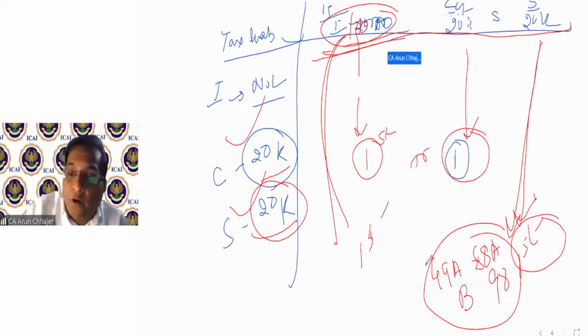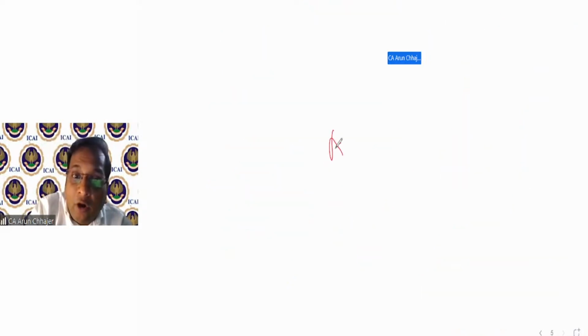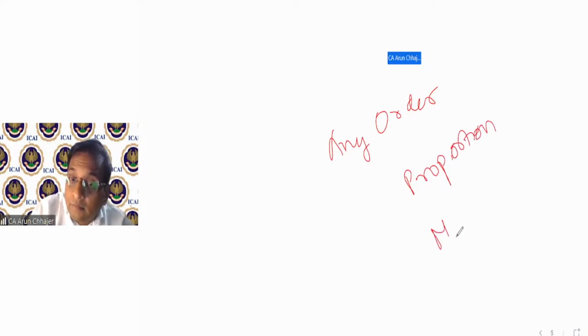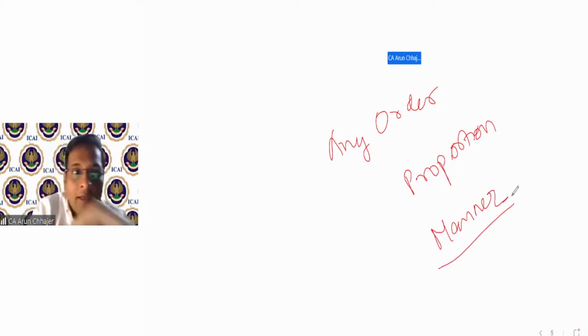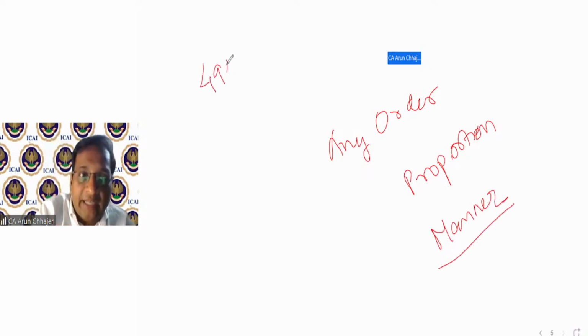Now the concept of any order, any proportion, any manner. What I'm reading is Section 49A, Section 49B, Rule 88A and Circular 98.